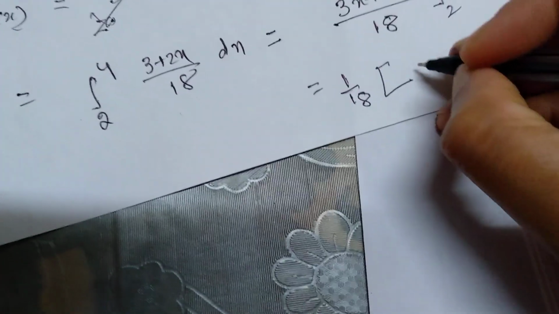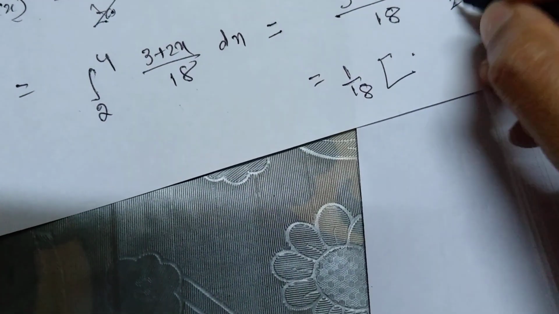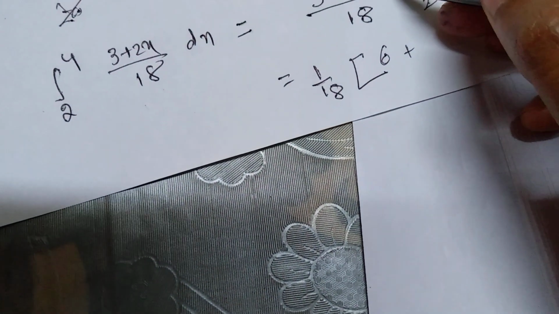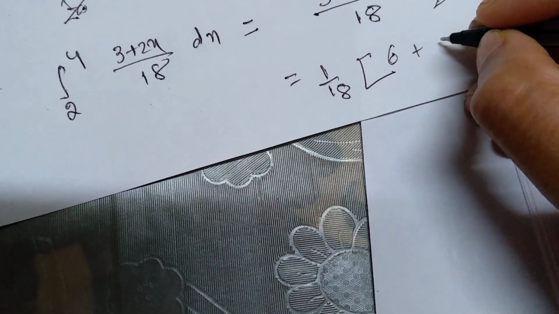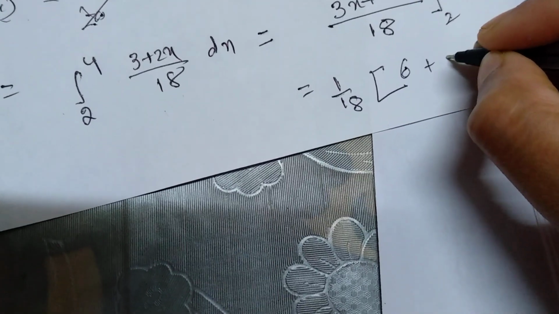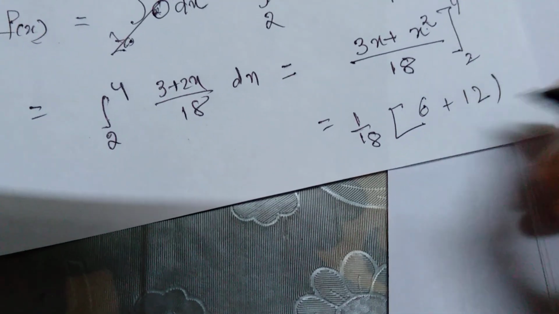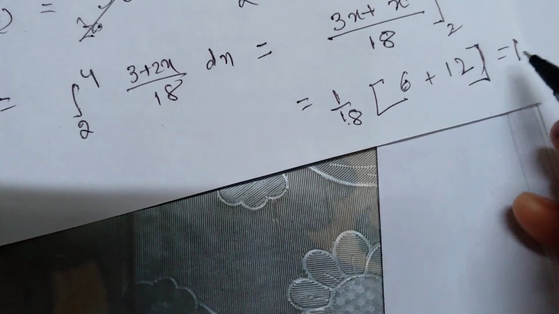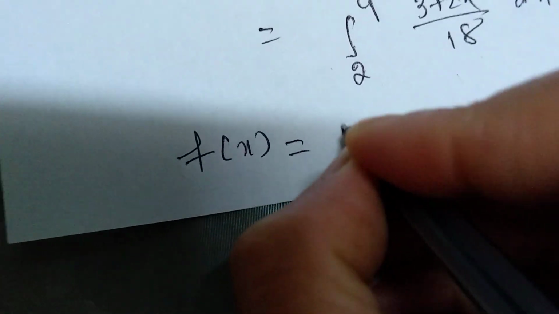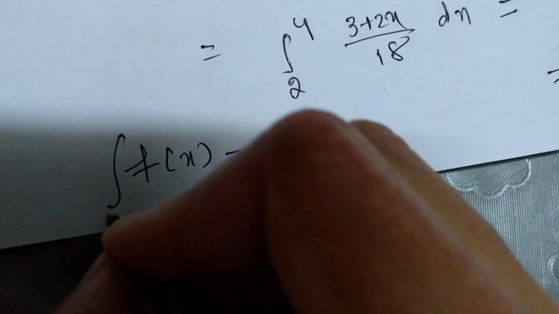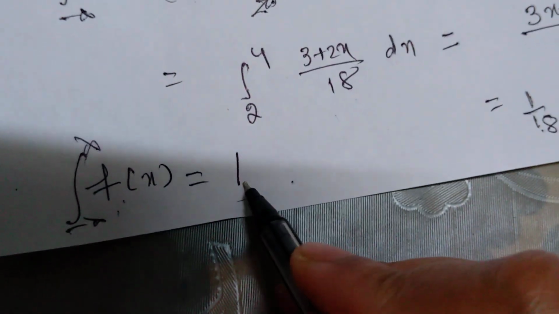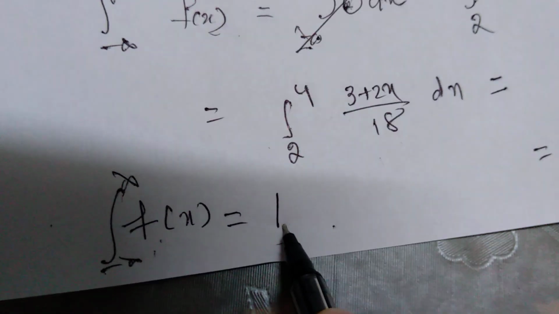This will be 3 into 2, 6, plus 16 minus 4, that is 12. So 12 plus 6, 18 upon 18, that is 1. So we have proved that the integration from minus infinity to infinity of f of x is equal to 1. So the third part is also proved, that the total integration will be 1.